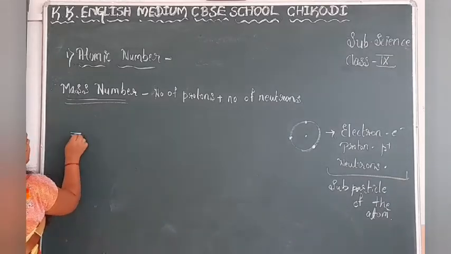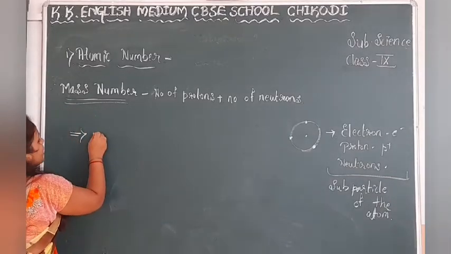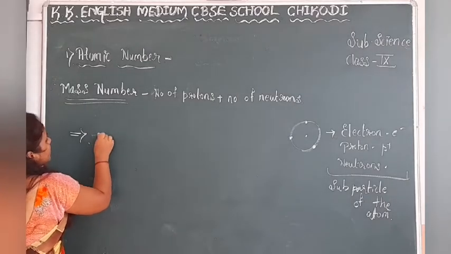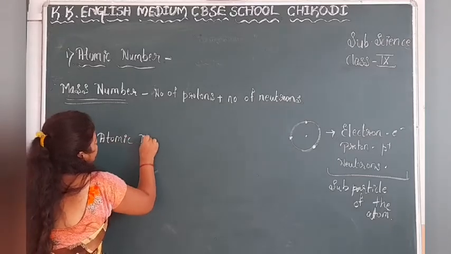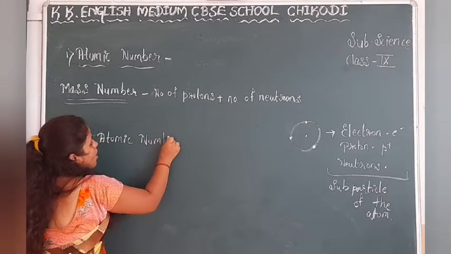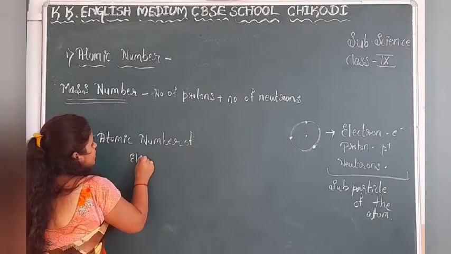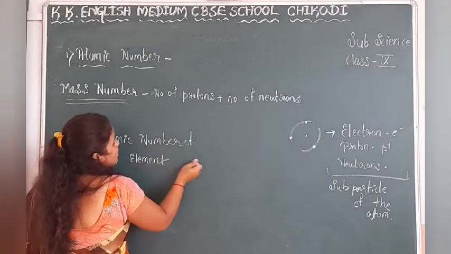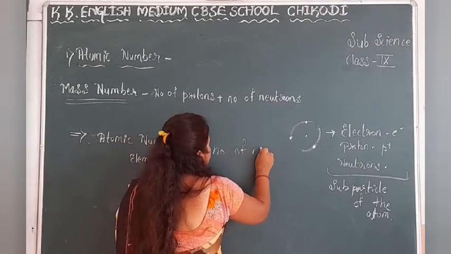Or you can also write it as the atomic number of the element plus the number of neutrons.